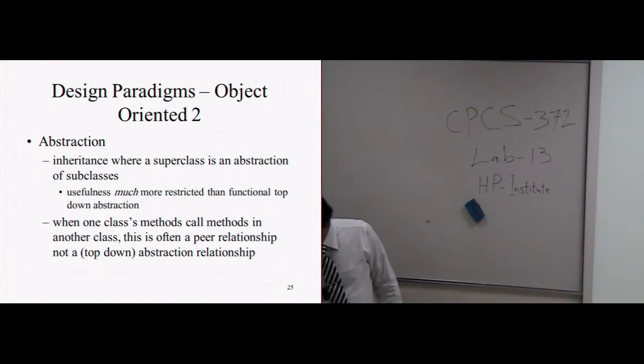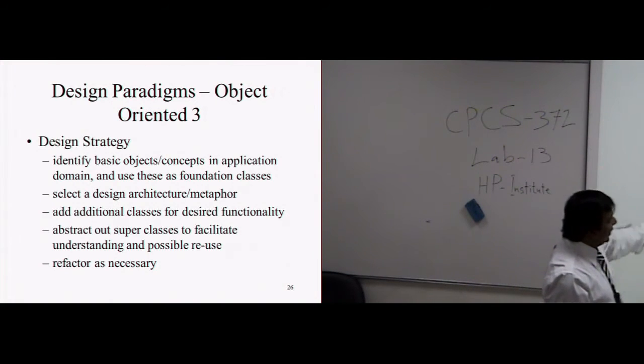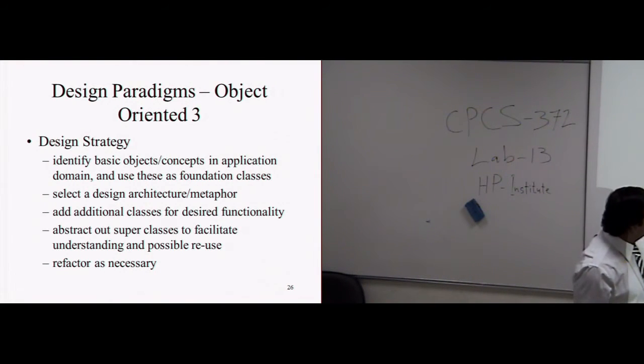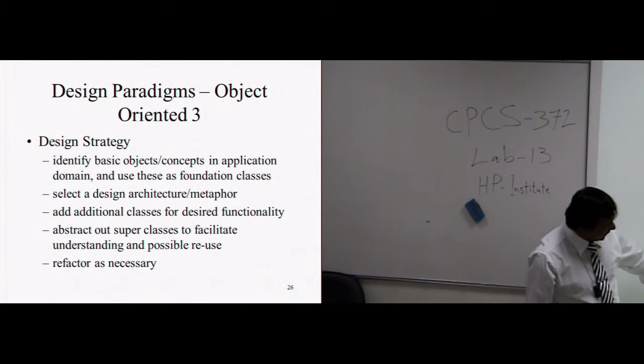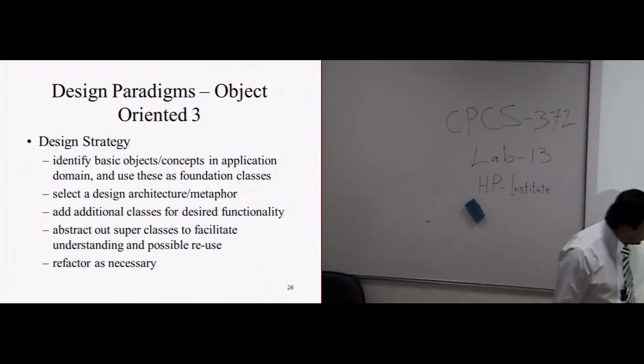So we already covered abstraction. Design strategy: identify the basic objects and concepts in your application domain, select a design architecture, metaphor. Metaphor is abstract design. Add additional classes for desired functionality, abstract out superclasses to facilitate understanding and possible reuse.